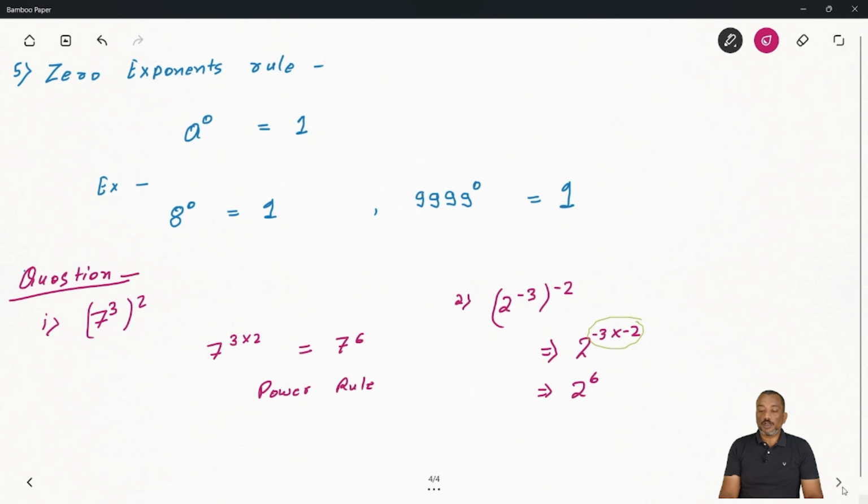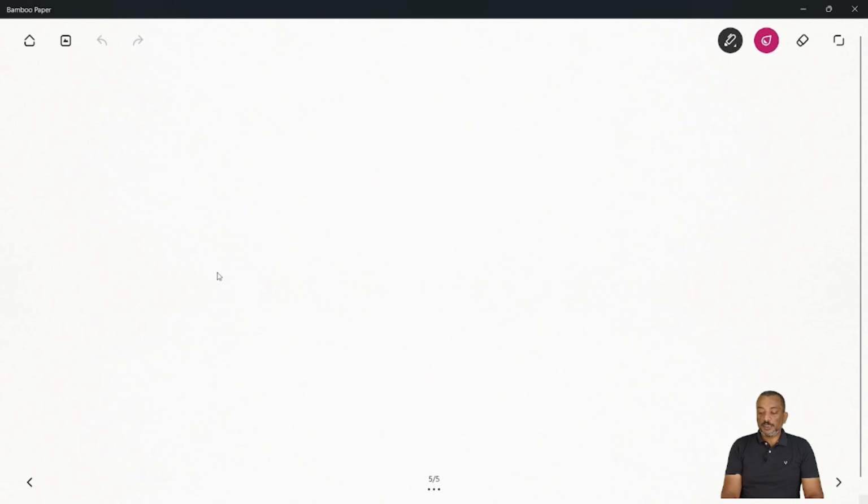Now coming to the next type of question. Suppose you have 8 raised to the power 3 and 4 raised to the power 2, and the whole has exponent 4. The numerator and denominator have different numbers, so we can express 8 in terms of 2.